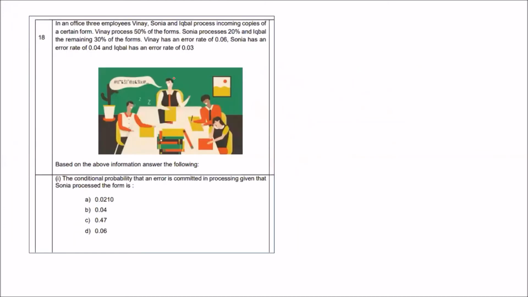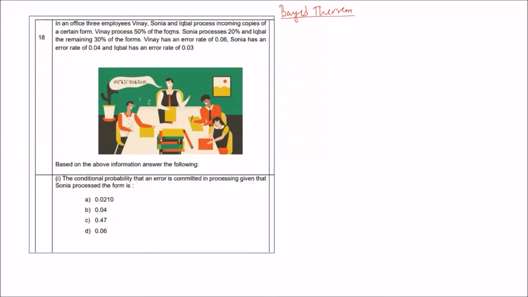Now question number 18. In an office, this is a question from Bayes theorem or your conditional probability also. In an office, 3 employees, Binoy, Sonia, Iqbal, process incoming copies of a certain form.